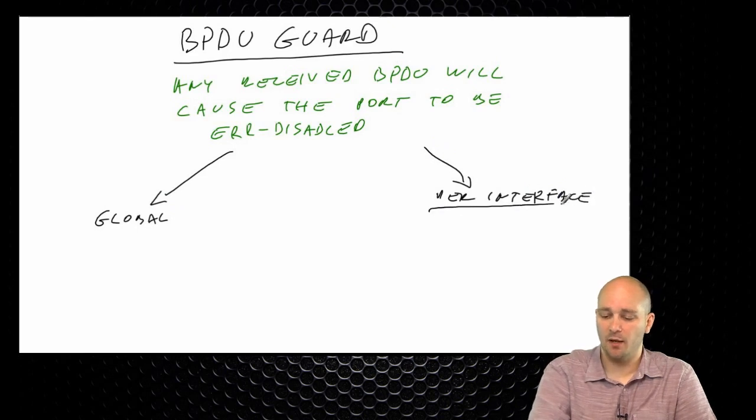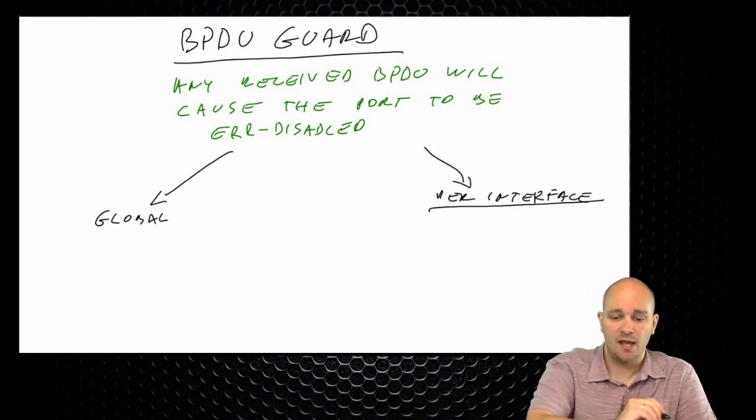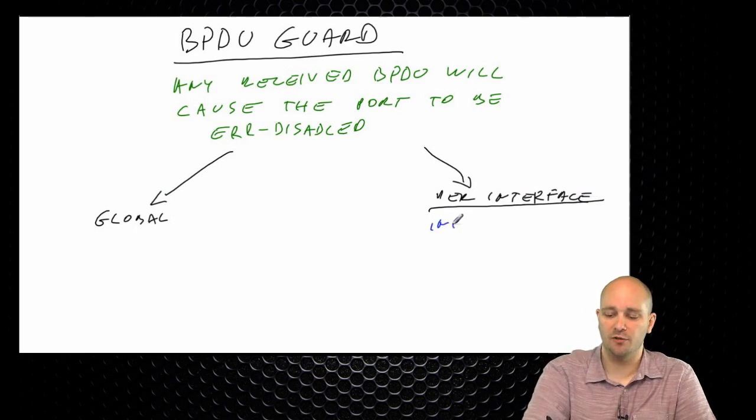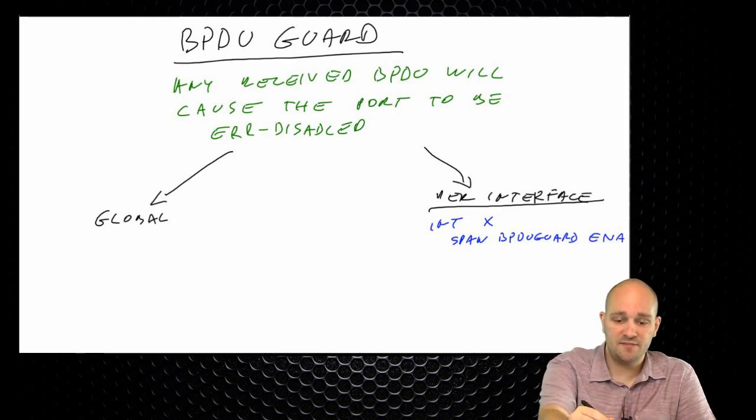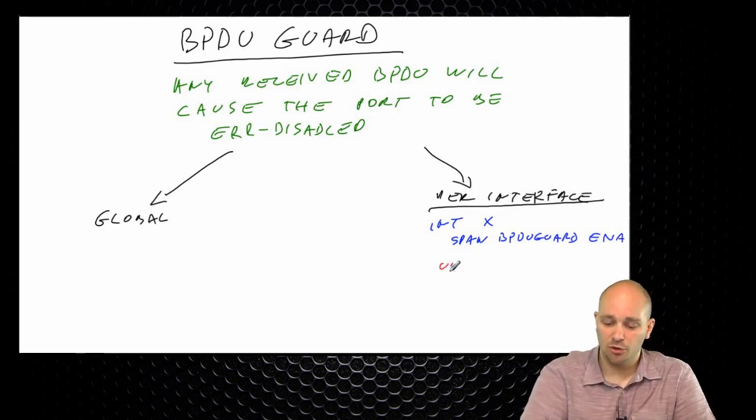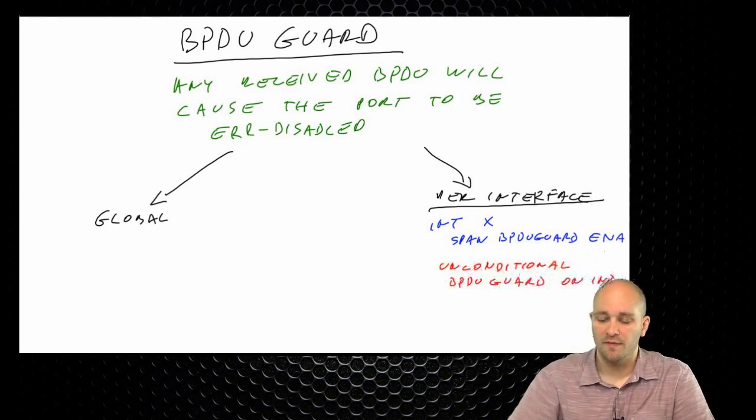Let me first explain per interface configuration. It's very simple. You're going to say interface X, spanning-tree bpduguard enable. This feature unconditionally enables BPDU guard on that interface.